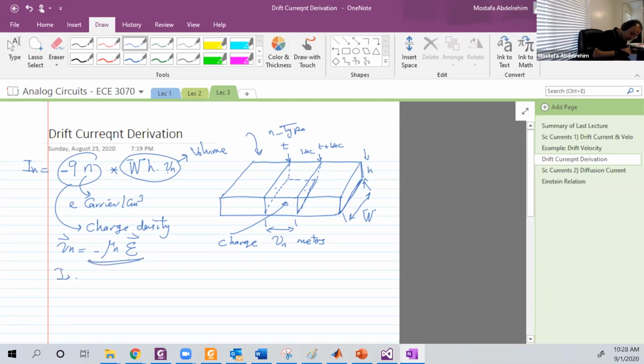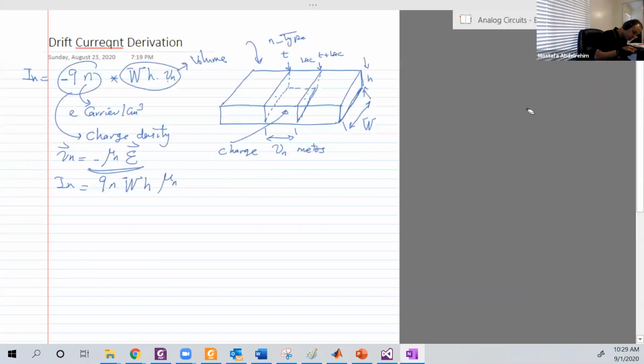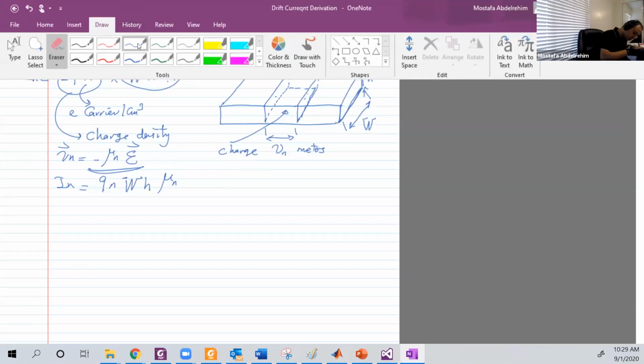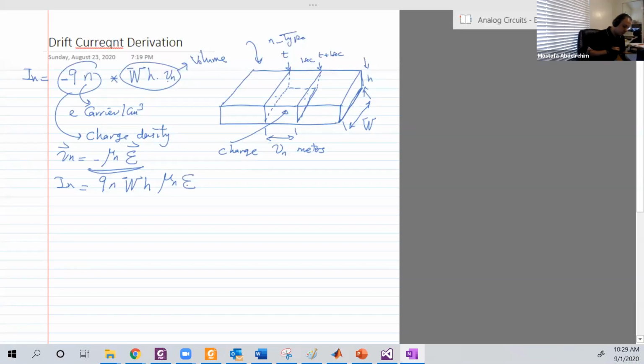So In is equal, minus will go with minus, so q n W H mu n epsilon. Good.